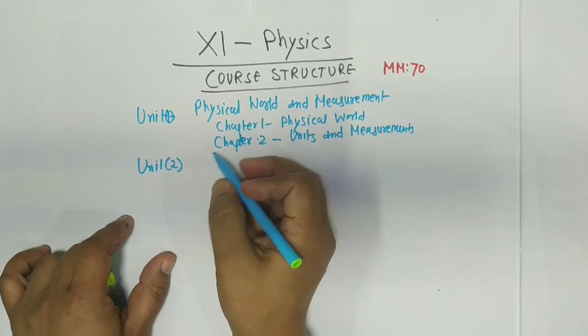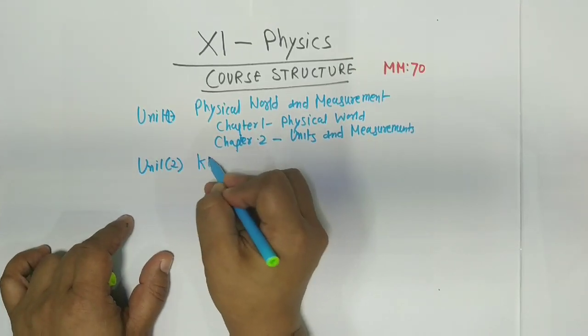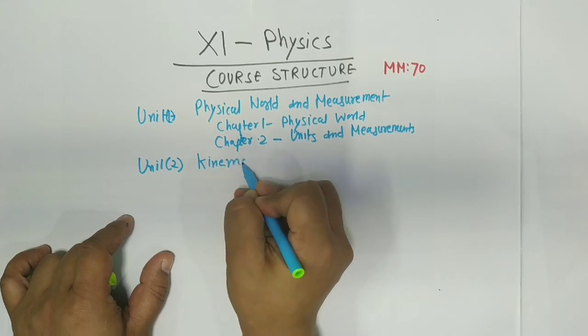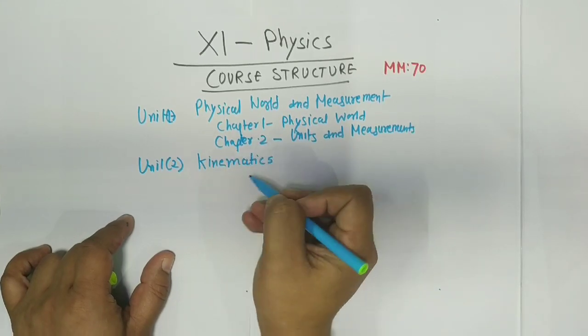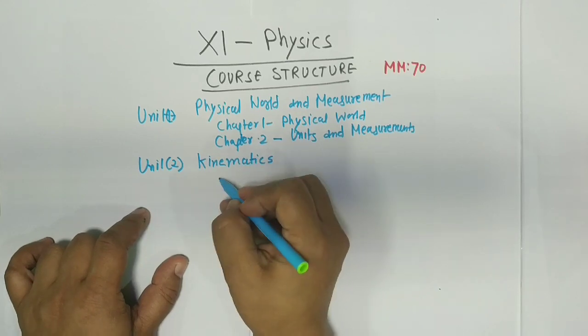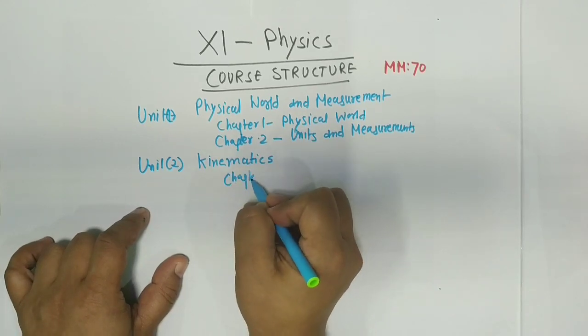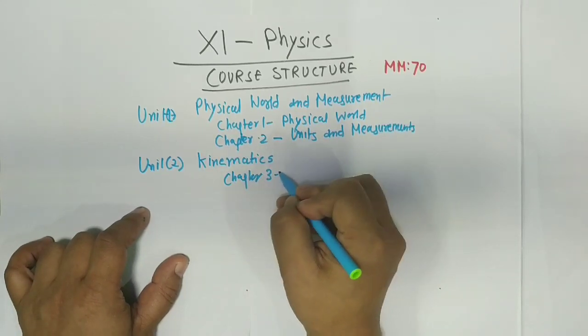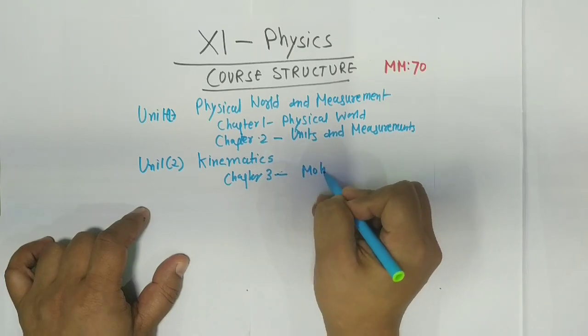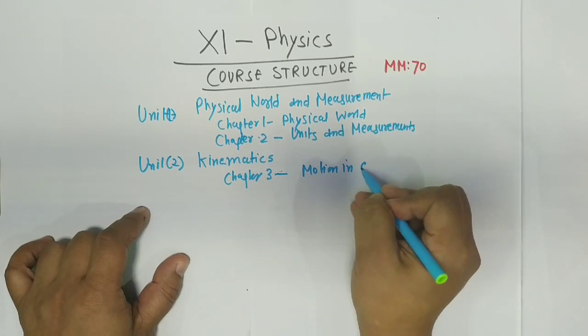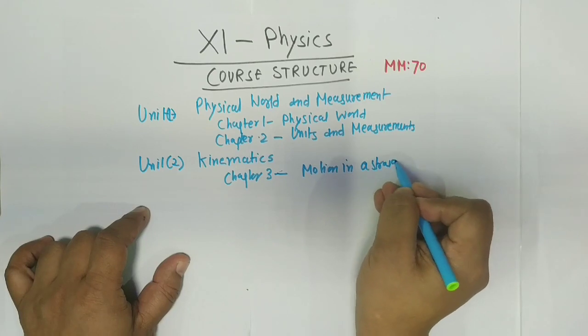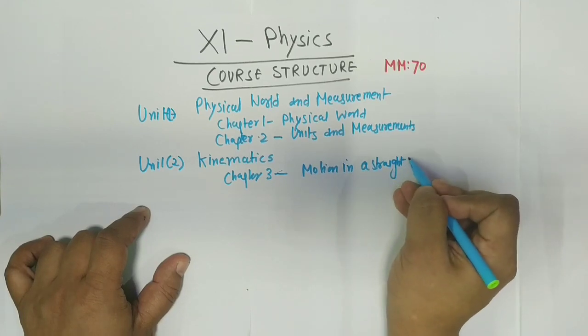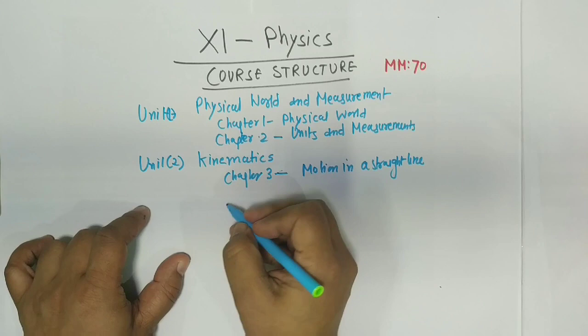Now this unit 2 is kinematics. In kinematics, we are going to talk about motion. We have chapter number 3 in this, and that is motion in a straight line. Have you heard about linear motion? So this is the motion in a straight line.